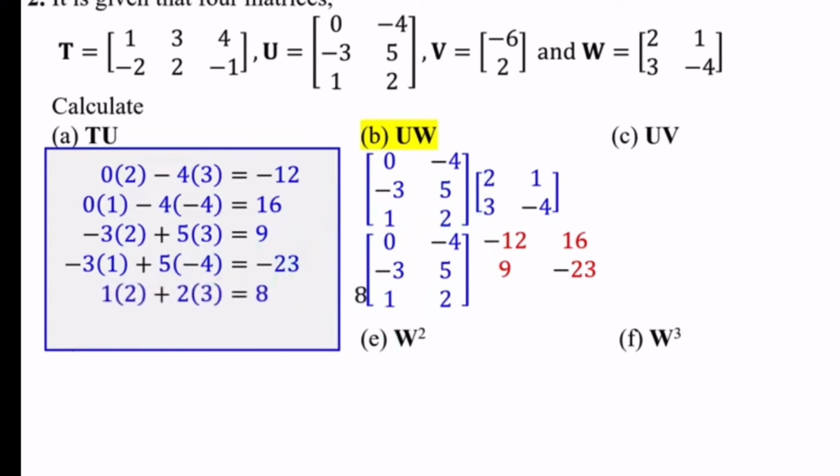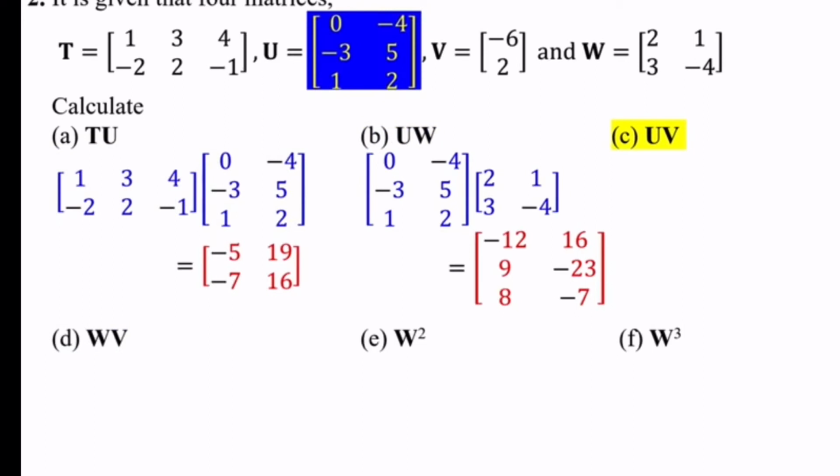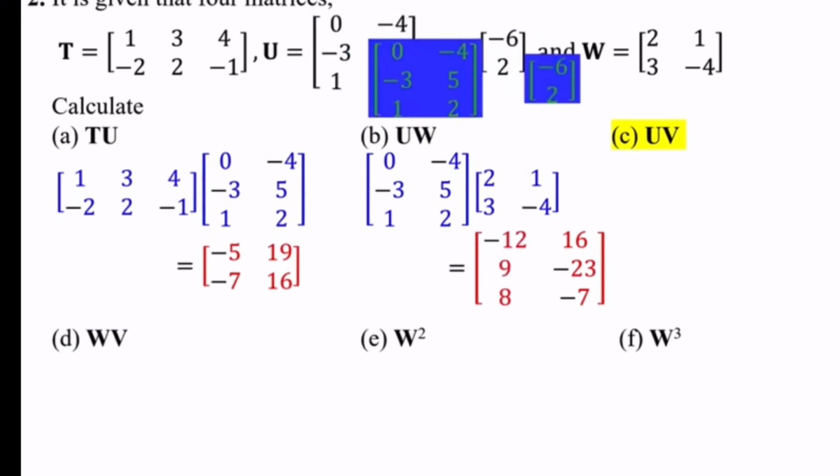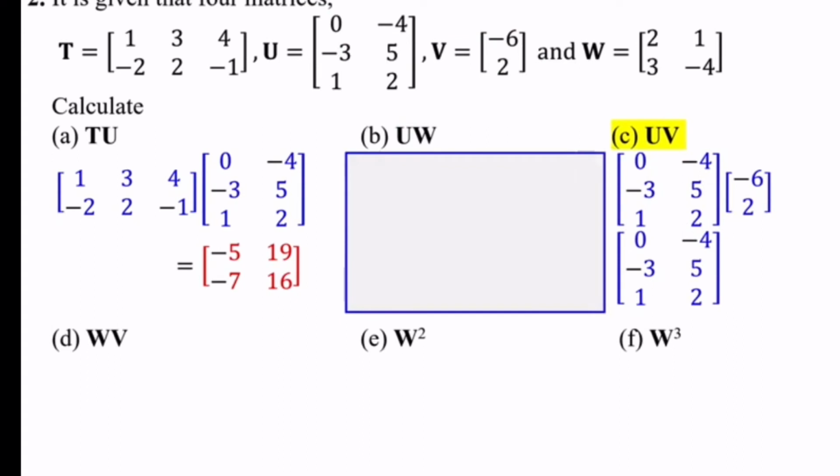So we have 1 times 2 plus 2 times 3, which is 8. And finally we have 1 times 1 plus 2 times negative 4, right? So we have the answer, which is negative 7. So this is the product of the matrix U multiplied by W. Okay, let's see how to do another one, which is U times V. So we will take 0, negative 4, and then negative 6 and 2.